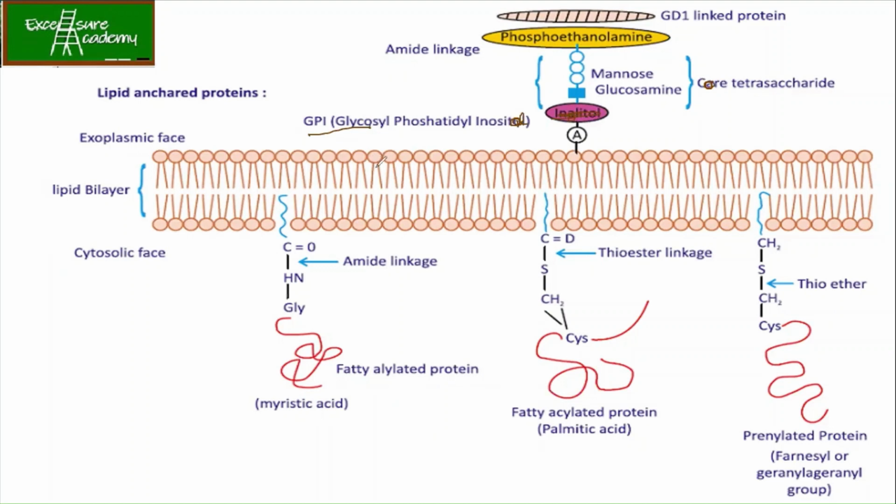Again, can you see where it is present? It is present on the exoplasmic face, correct? GPI, glycosyl phosphatidyl inositol, is present on the exoplasmic face. So where will its function be? Again coming to cell signaling, we'll come to that. Whatever important points there are, we are going to study them in detail: the structure and where it has its main function. Okay. So I hope this slide is clear to everyone.